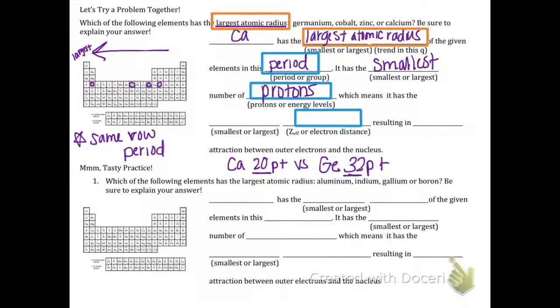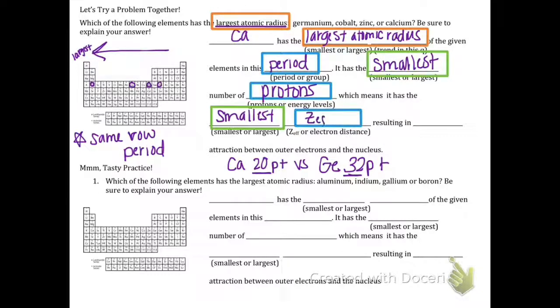Which means it has something in here. So remember, we know that if it has the smallest number of protons, this word here should match this word here. So we'll also have the smallest number of what? Well, we know if we're talking about protons, we're also talking about Zeff.